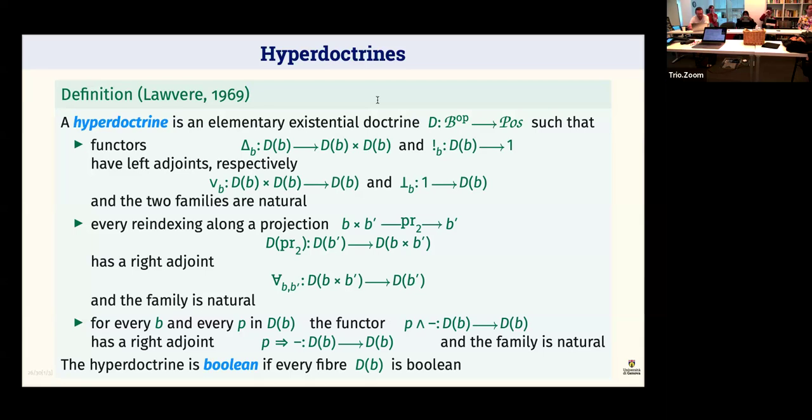Now here, if we wanted to play the game of abstraction, we could replace the category Pos with a category, and then I guess that similar results could be obtained.